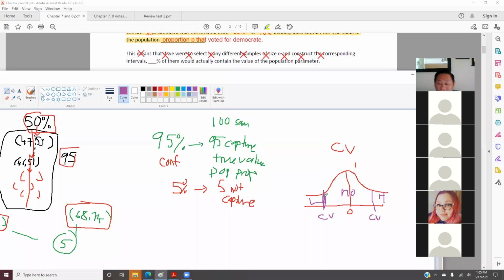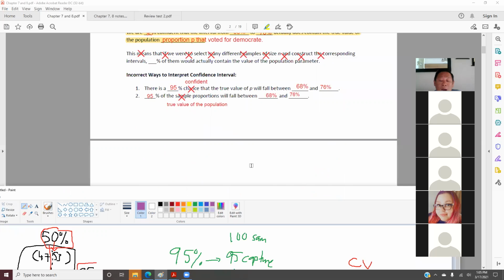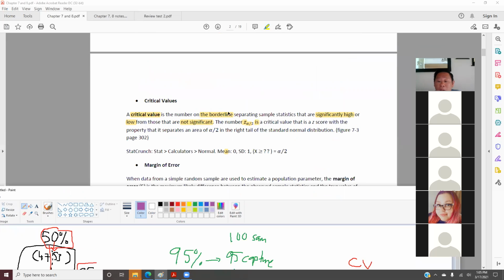So this cutoff point is what we call your critical value. This is very important, because anything that falls inside is considered not significant, like your rule of thumb range. Anything that falls outside those is low or high. So that's the reason you need to know how to find the critical value.